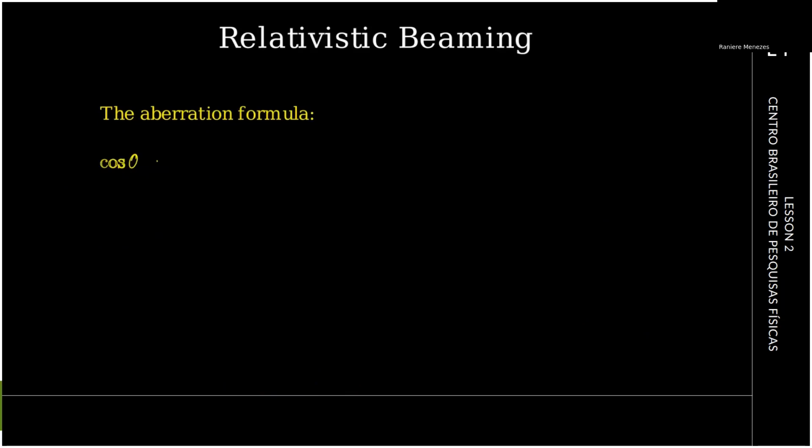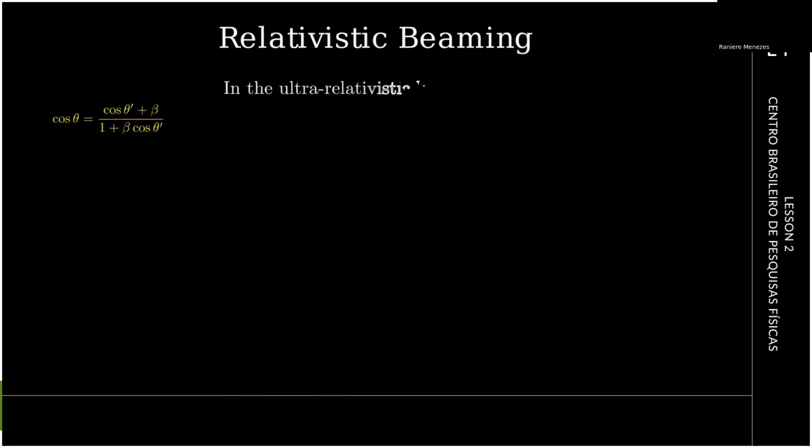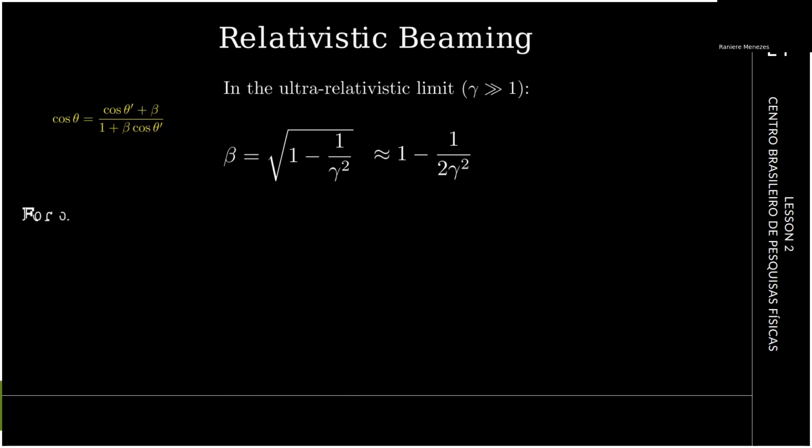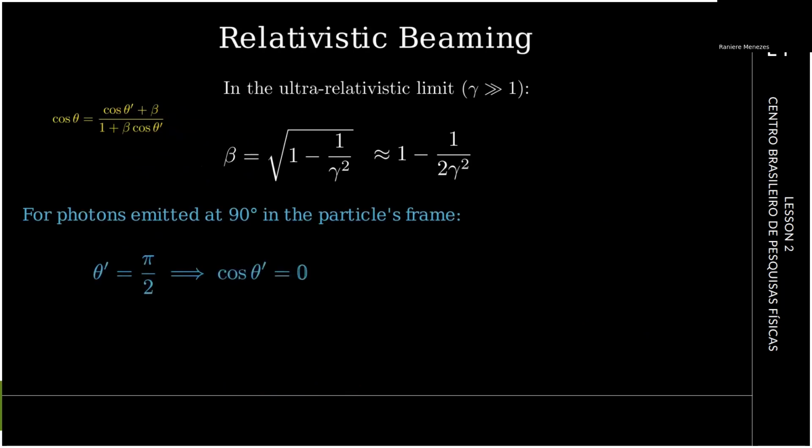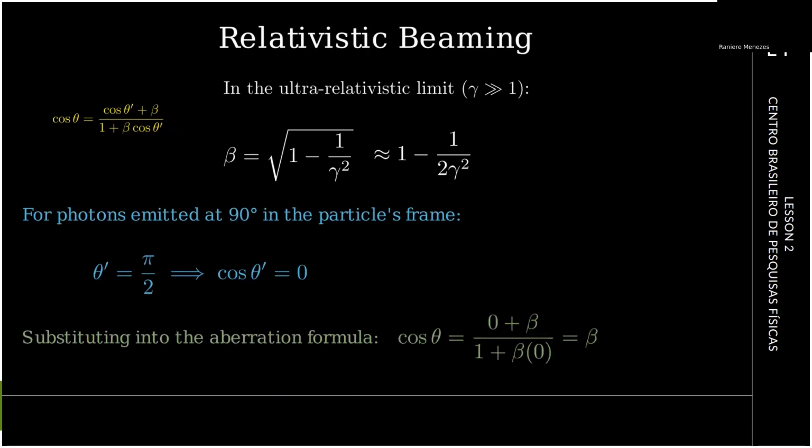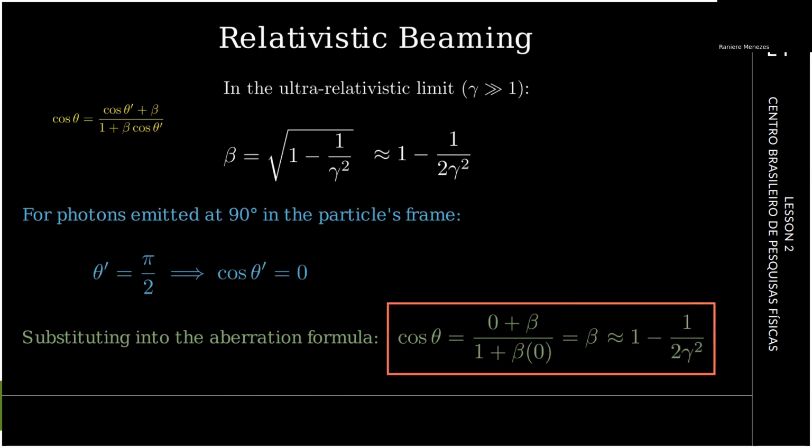Okay, so the aberration formula that we just found, in the ultra-relativistic limit, when gamma is much bigger than 1, means that this goes to 0, we can expand in Taylor. So beta is equal to 1 minus 1 over 2 gamma squared. For the case I told you, a photon emitted at 90 degrees in the particle frame, the result is cosine theta equal to beta.